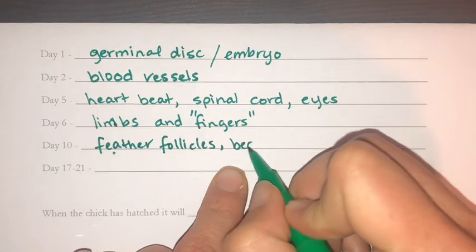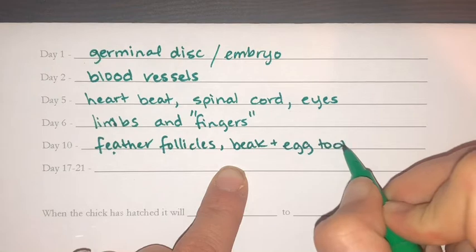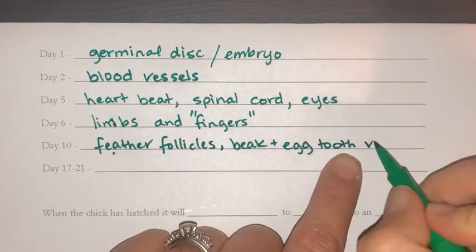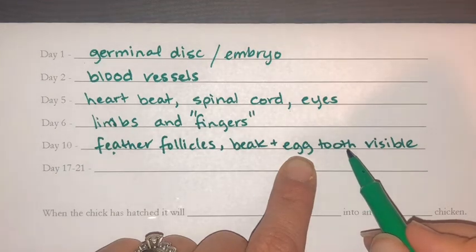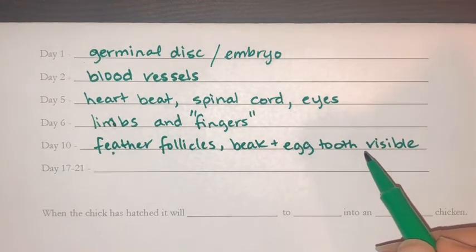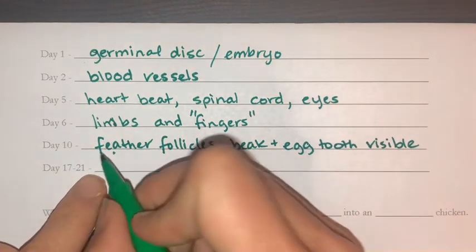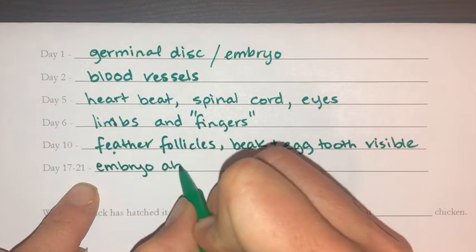And the beak and egg tooth are visible. The egg tooth is a pointy little part on the end of the beak. It falls off after the chick grows a little bit, but the egg tooth is there for helping to crack out through the egg.